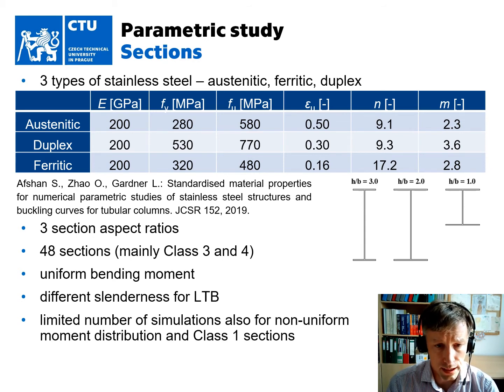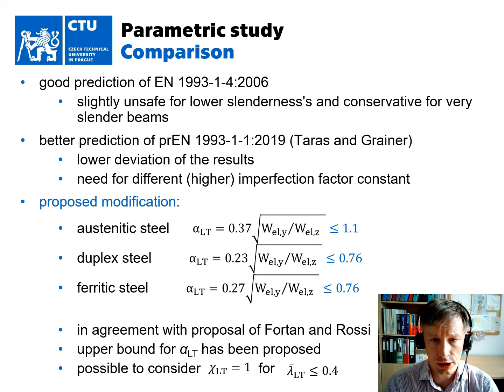We've considered three section aspect ratios, so height to width from 1 to 3, 48 cross sections, class 3 and class 4, uniform bending moment, and of course different slenderness for lateral torsional buckling. And later we've added also some limited number of simulations for non-uniform bending moment and for stocky class 1 sections.